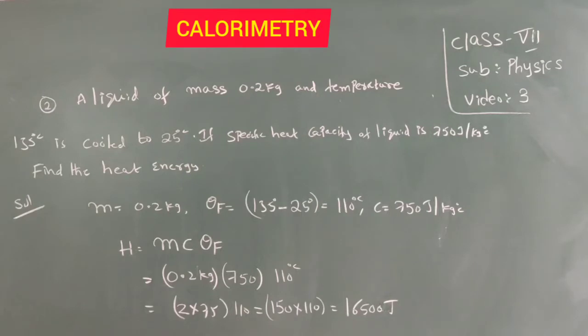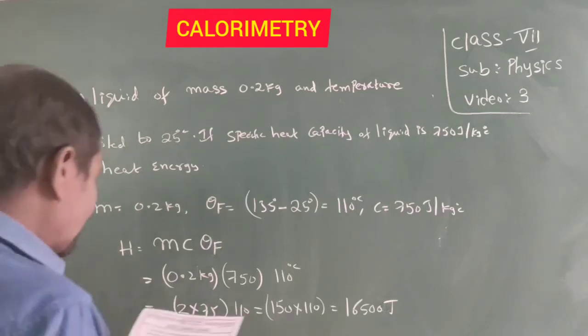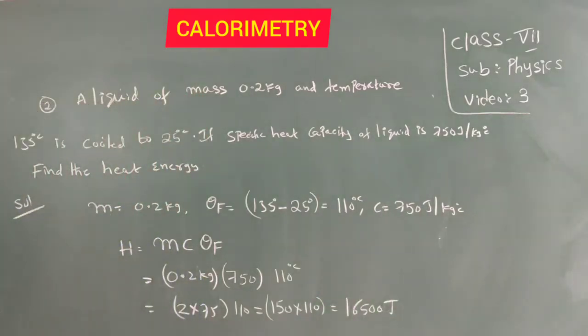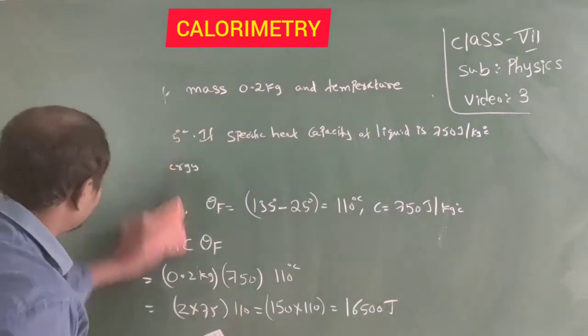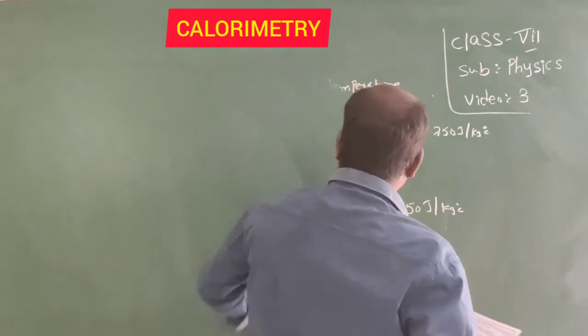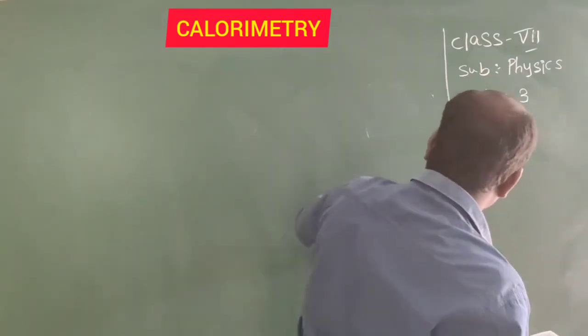Okay, find its specific heat capacity in calories and in joules. Our aim is to find the specific heat capacity, C or we can write S also.